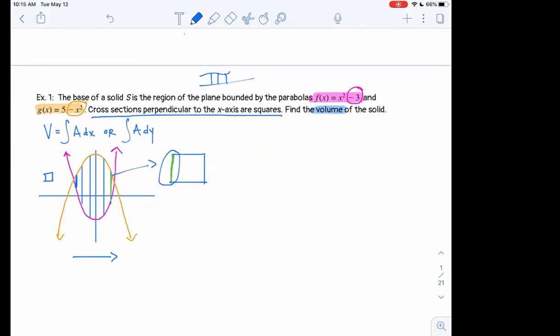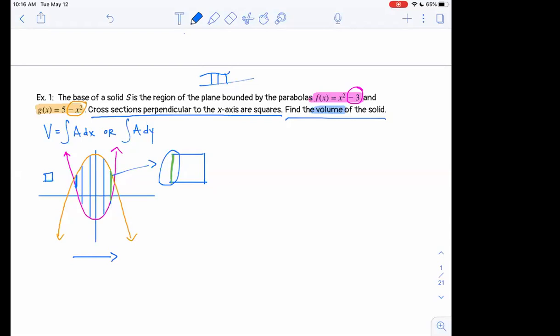So what our goal is here is to find the volume of the solid. Okay. And so we wrote down our formulas earlier. Now, I've been asking you guys to make a lot of decisions about should we choose dx or dy, and you guys have done so well with that. And I'm wondering in this case, does anyone have a gut instinct about whether we should choose dx or dy? dx.